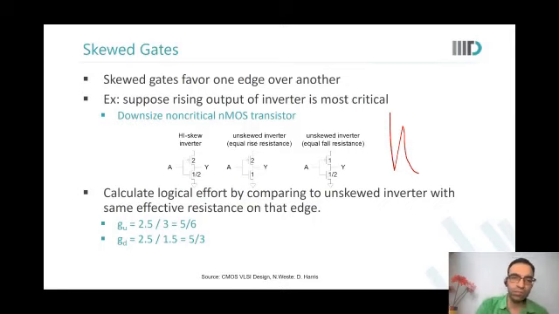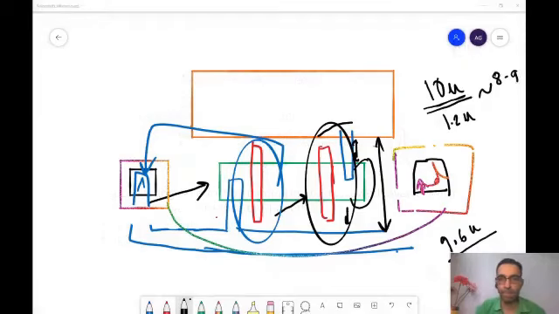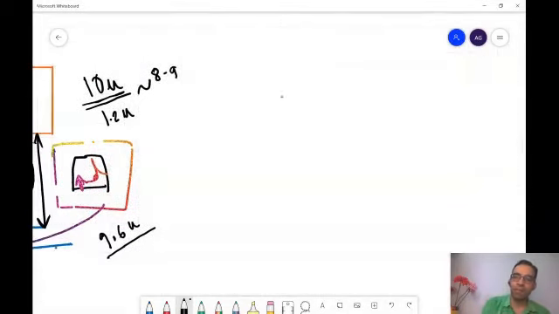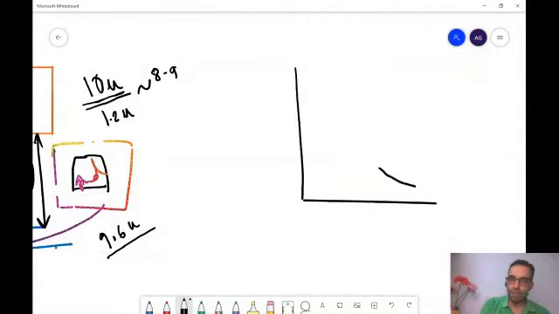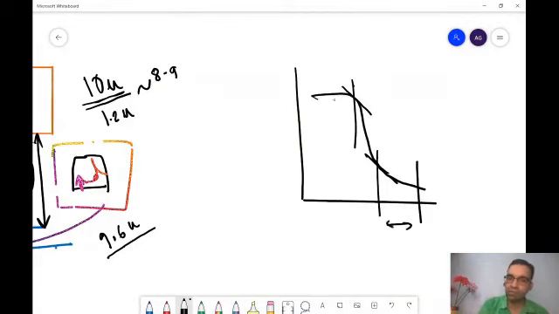Let's go to the whiteboard. We said this point and this point define my noise margin points. So this is the noise margin.